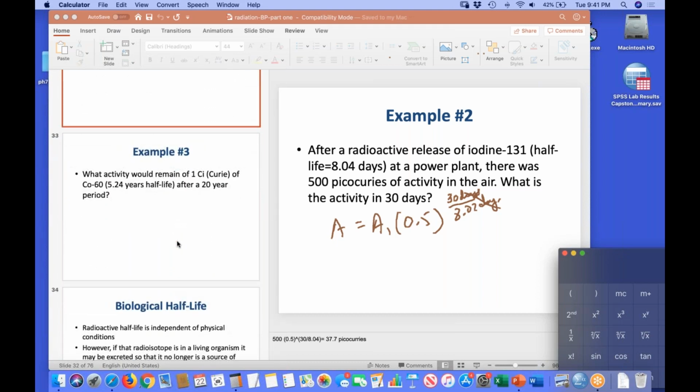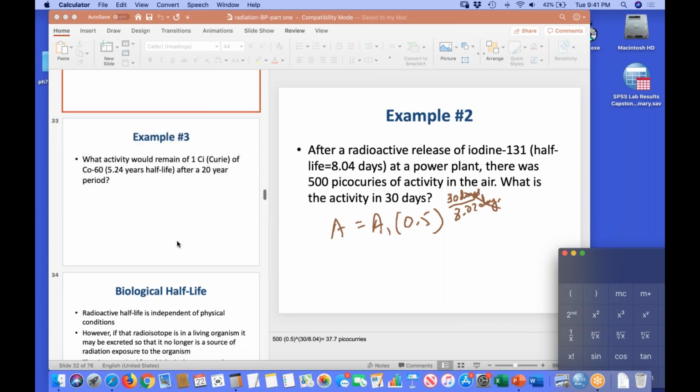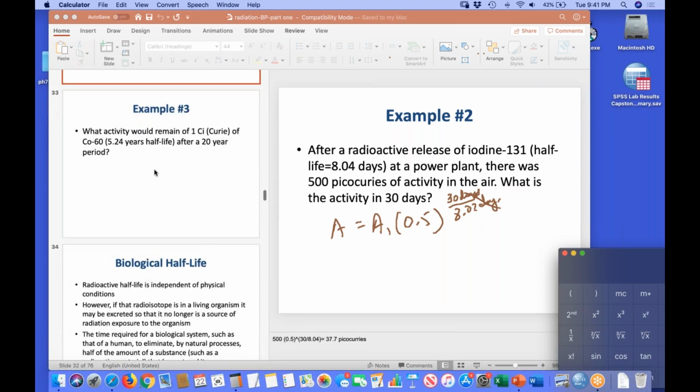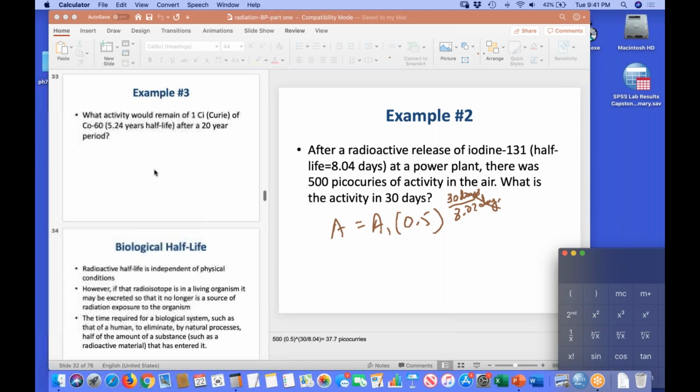Okay, what activity would remain of 1 curie of cobalt-60? Here we go, that's yours. 5.24 years half-life after a 20-year period. So those machines must be very sensitive to the amount of energy, because a couple of years is not very long in the half-life of cobalt.